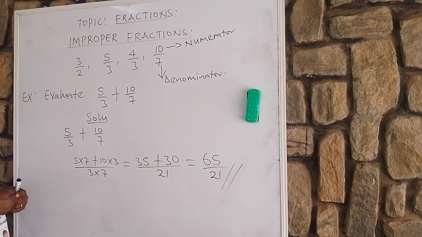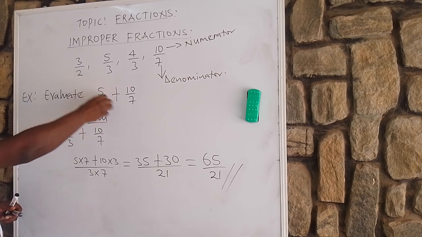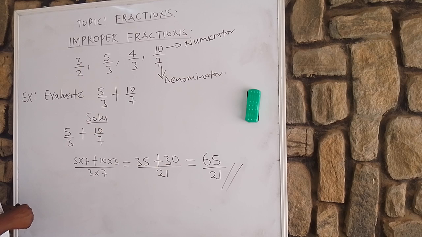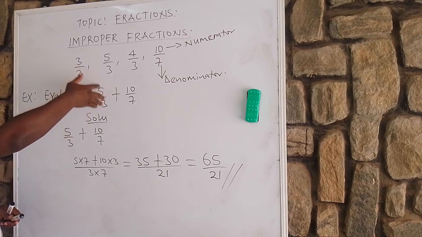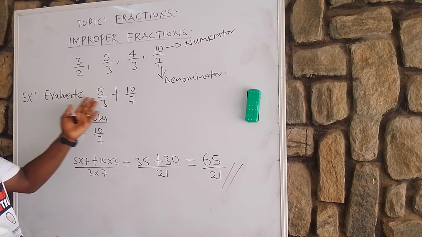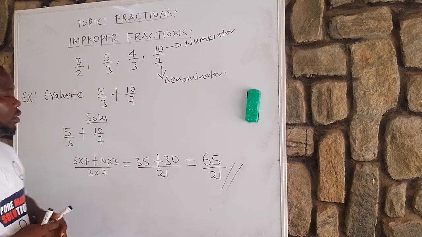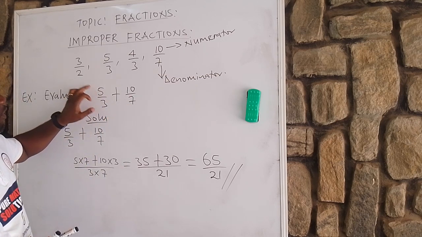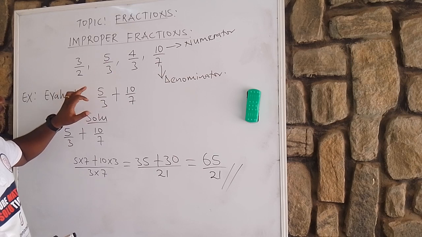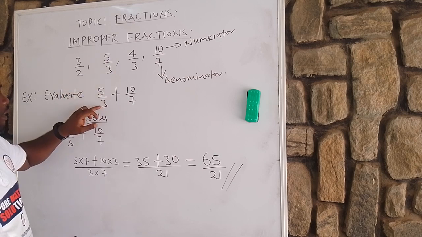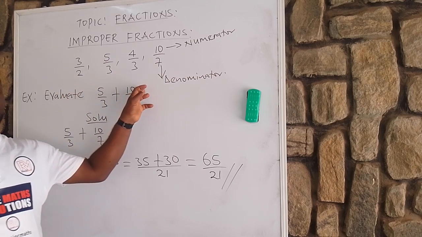This is how you are going to approach it. So when you look at this expression, you know that the expression is an improper fraction, true or false? Why? Because the numerator of this is greater than the denominator, and even this one too is greater.